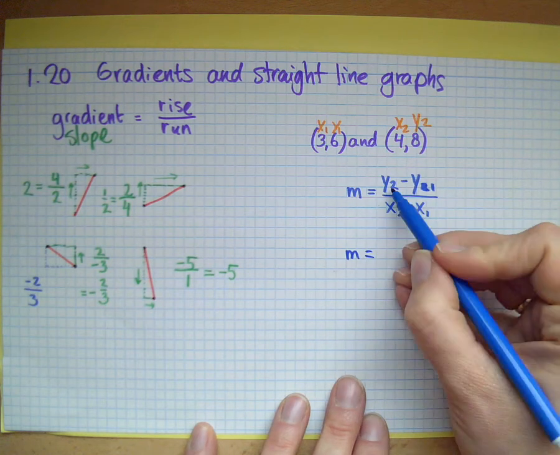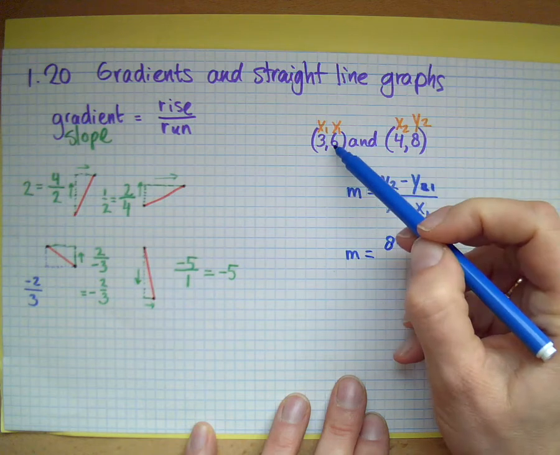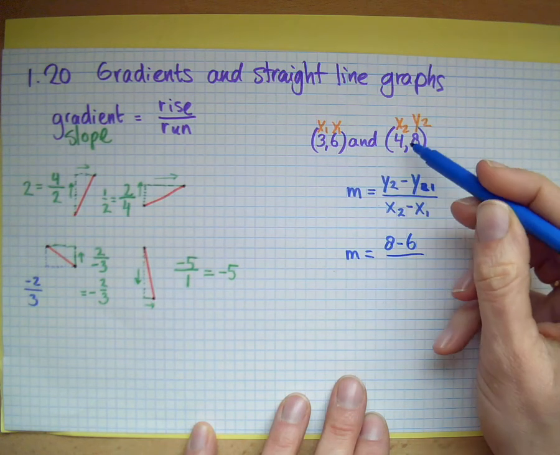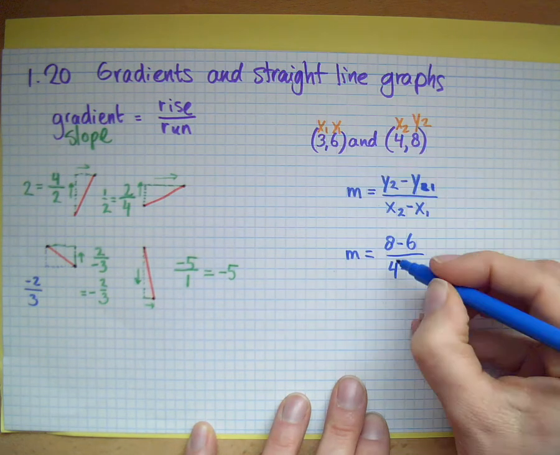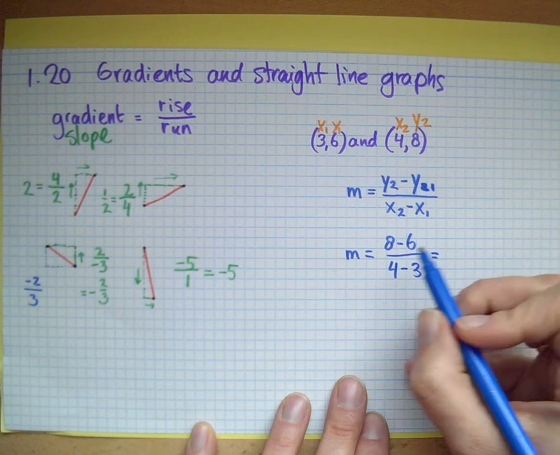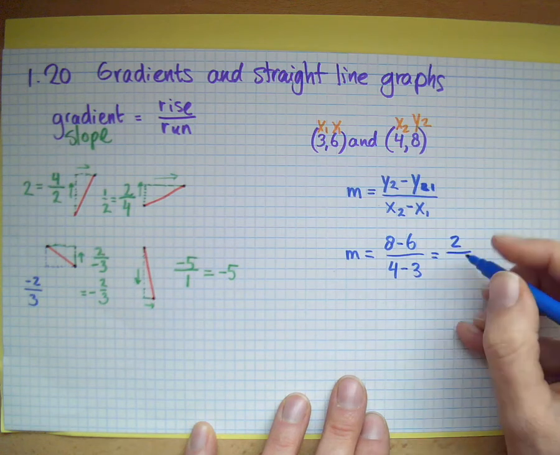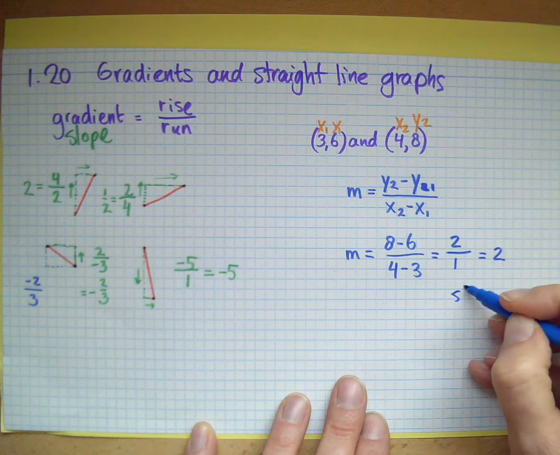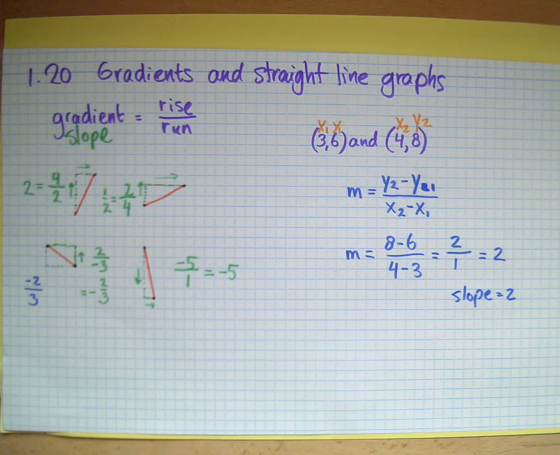M is y2, which is 8, minus y1, which is 6, divided by x2, 4, minus x1, 3. 8 minus 6 is 2. 4 minus 3 is 1. So 2 over 1 is 2. So the slope here equals 2, a positive 2. Okay?